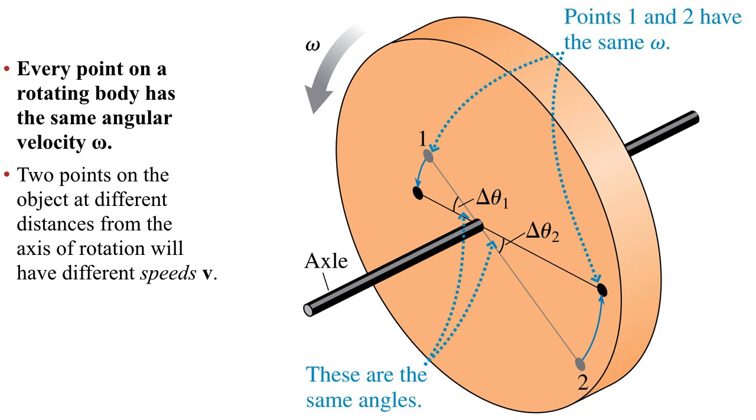You can think of each layer of the disk, the first centimeter, the second, the third, all the way out to the last centimeter at the rim, as having the same speed. And you can do L equals MRV for each pixel and then add it up, but it's kind of tricky to do that.